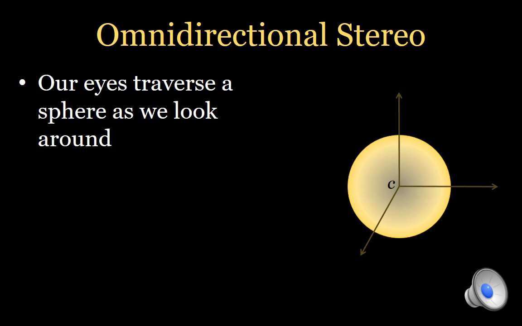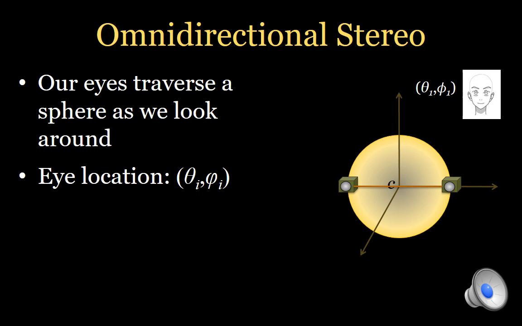However, if you want to capture omnidirectional stereo, the problem becomes far more difficult. The reason being, when you look around in different directions, the eyes of a person traverse the surface of a sphere. If you look forward, your eyes are on the left and right of the sphere. Let's assume that the eye location is denoted by theta_i and phi_i. If you're looking to the top right, then your eye position changes, and so does it if you're looking towards the left.